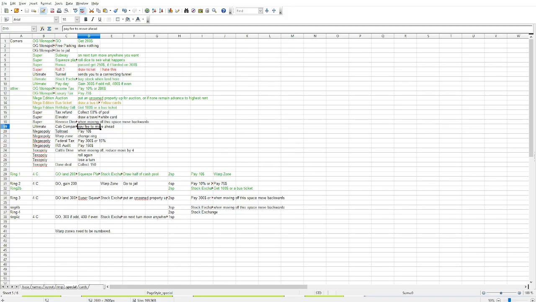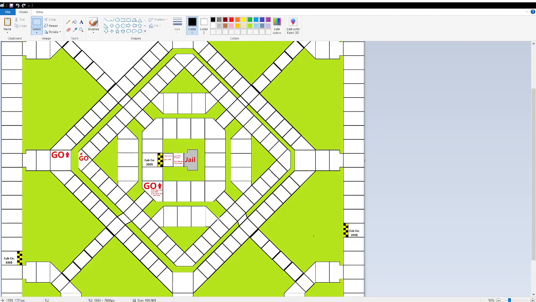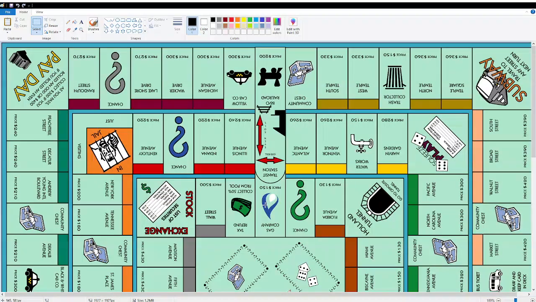Let's see here. Hide this. Tab to that. Open Ultimate Monopoly board. Yeah, see, Yellow Cab Company. If you're the person who owns it, you get rent when people land on it, and the person who lands on it pays rent, but they also have to pay an additional fee to move to a space on the board.